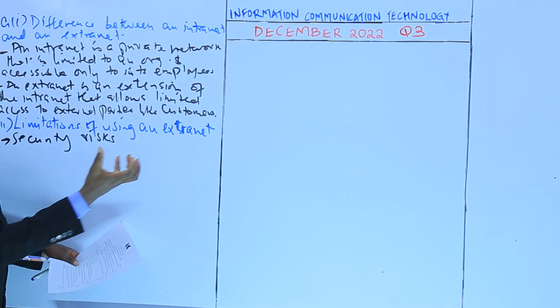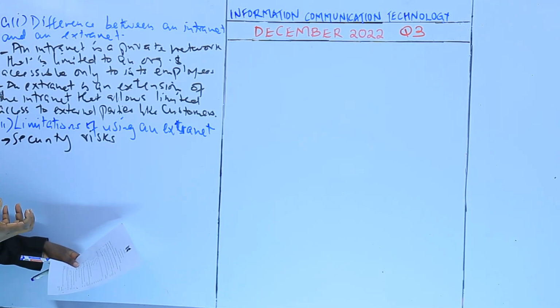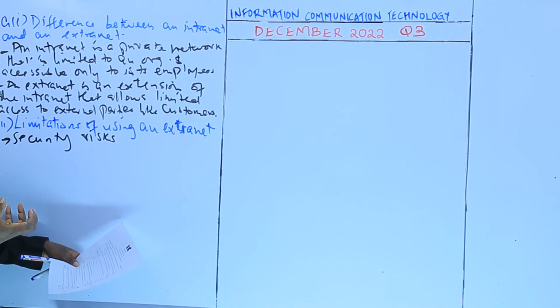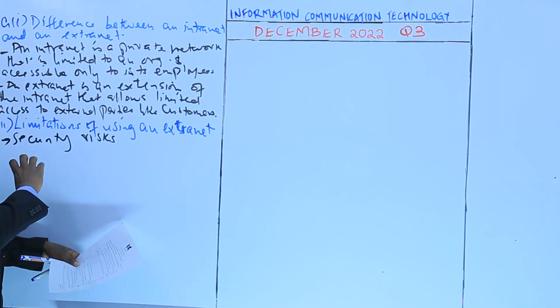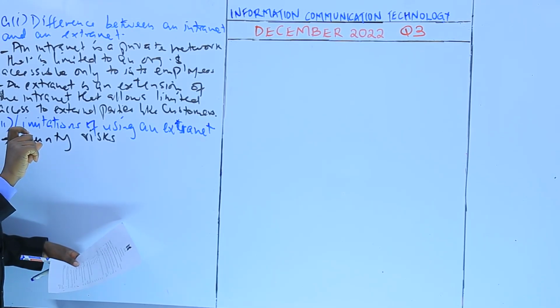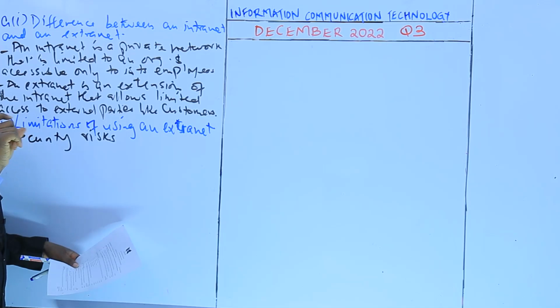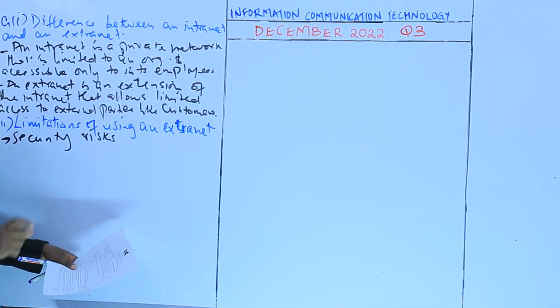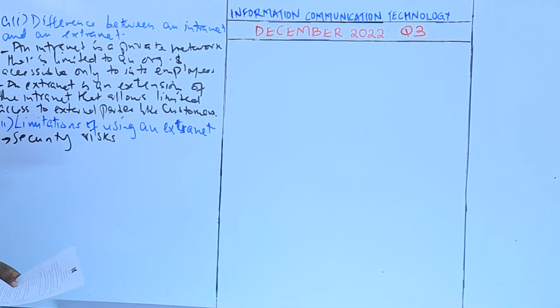So when external parties are allowed to access the network of an organization, then there are risks related to the protection of the organization's sensitive information, security risks. Then connectivity.